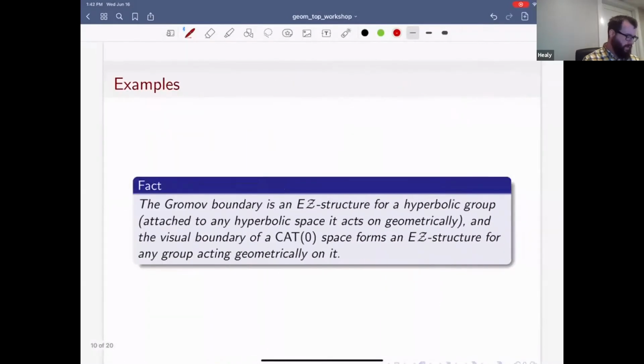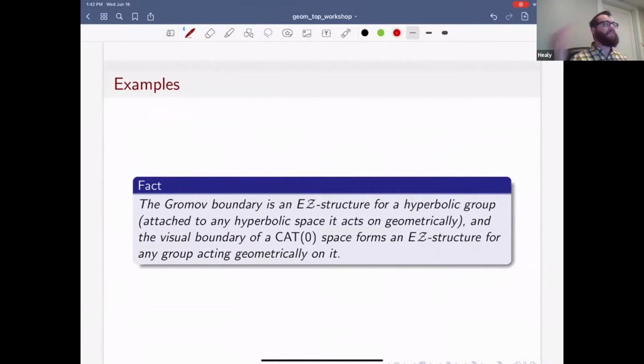Okay. So EZ structures: all Gromov boundaries for hyperbolic groups are EZ structures. And if you take a group acting geometrically on a CAT(0) space and you give that the visual boundary with any parameter, then that turns that space into an EZ structure for the group as well. So this is strictly a generalization, and we sort of know good examples already.